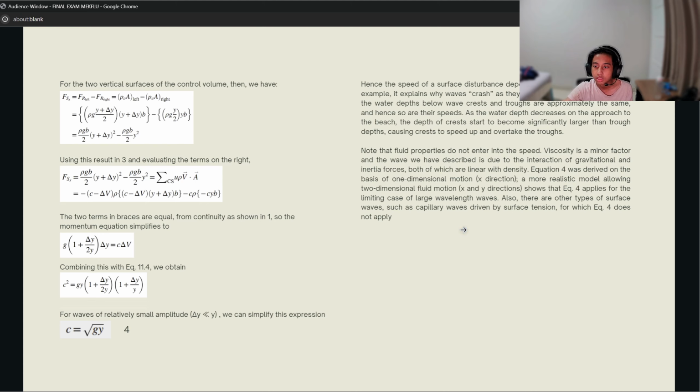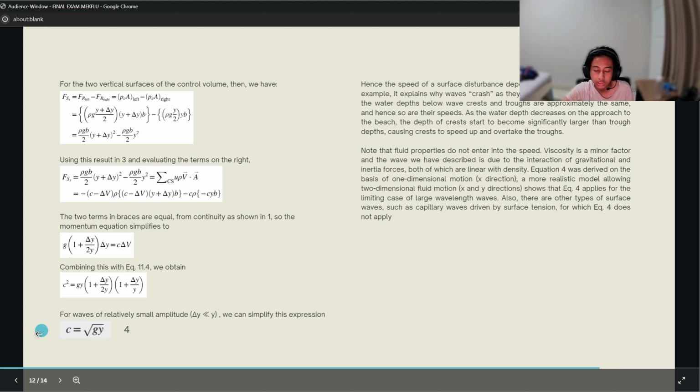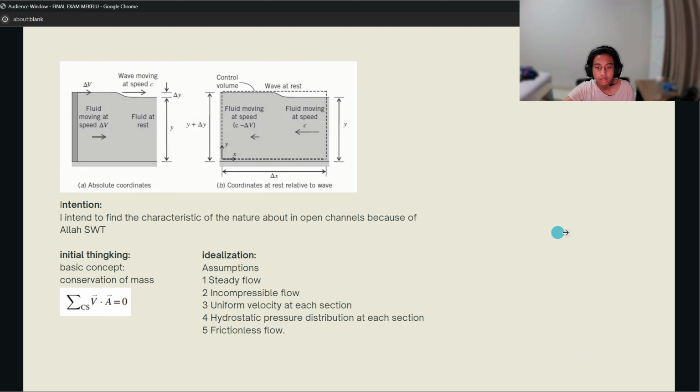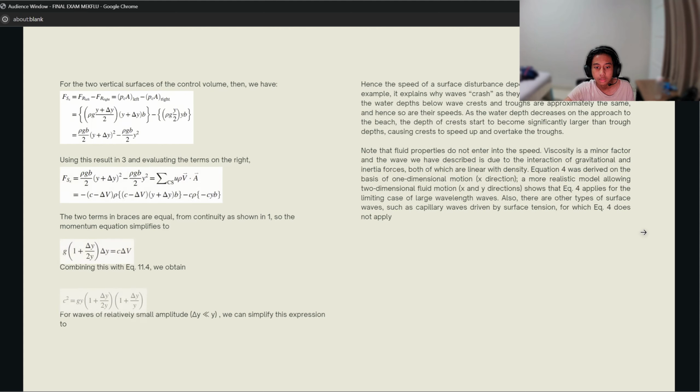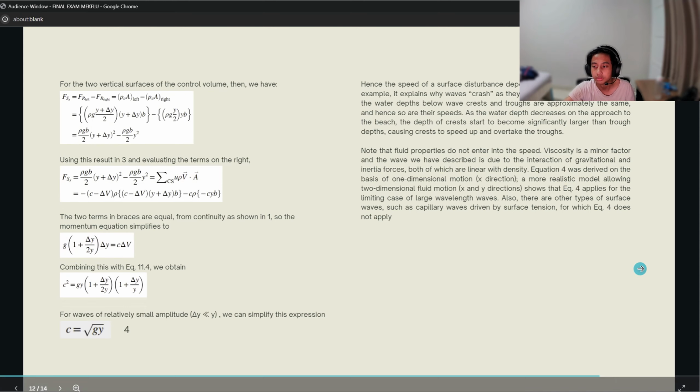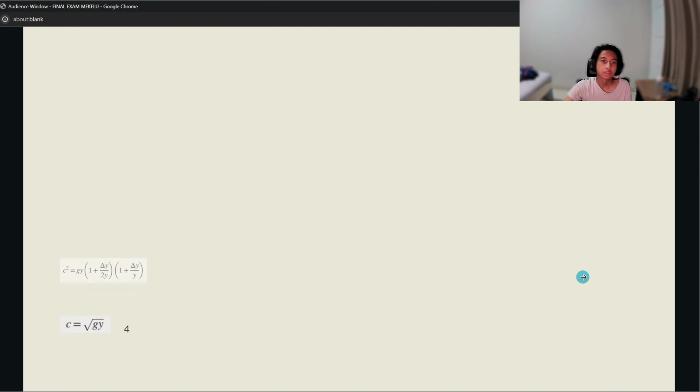Also, there are other types of surface waves, such as capillary waves driven by surface tension, for which equation 4 does not apply. So this equation does not work for all open channel flow. It only works based on our assumption before. So that's for number 4.